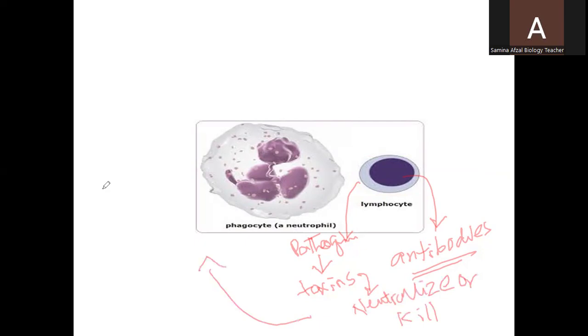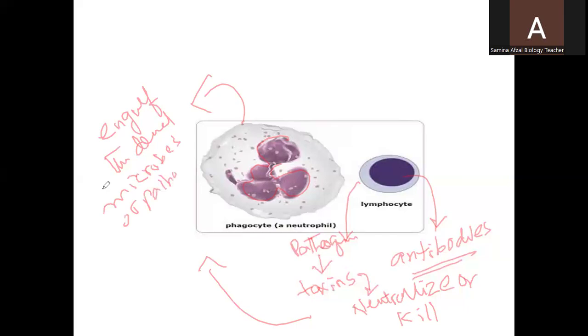And then phagocytes are activated, and phagocytes have a lobed nucleus. Phagocytes engulf the dead pathogens or microorganisms, dead microbes, by the process which is called phagocytosis.